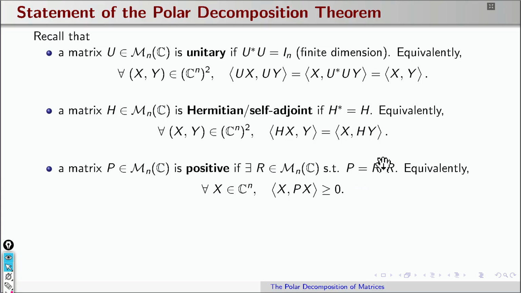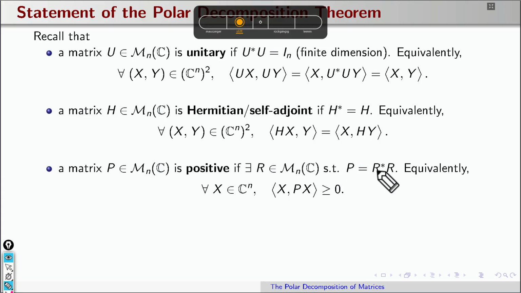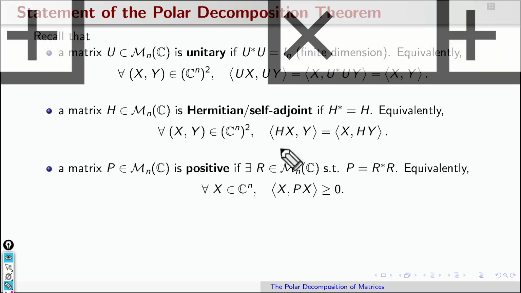I will not show the equivalence, but here you can see one implication: if P equals R star R, I replace here R star R x, inner product with x, and here we recognize a norm squared. It will be the norm squared of R of x, so it will automatically be positive. So this condition will imply this condition.